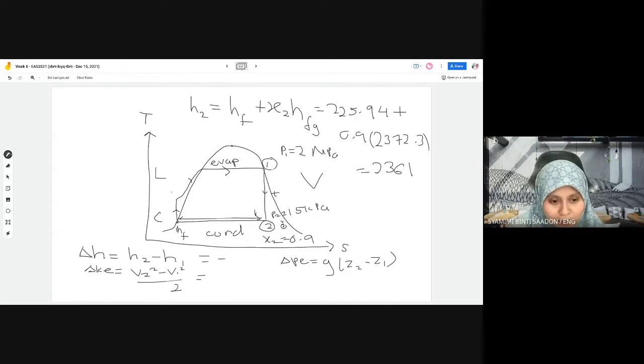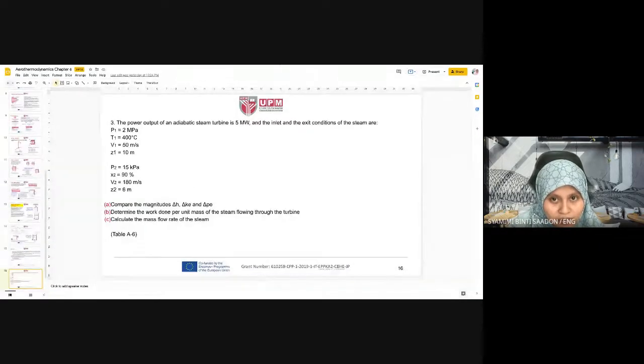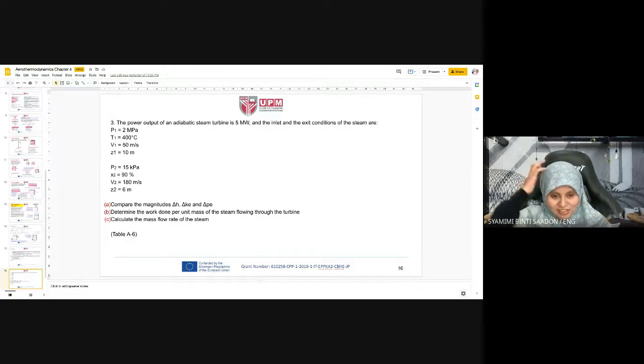B: determine the work done per unit mass of the steam flowing through the turbine. Usually for thermodynamics or even propulsion later on, the first question takes you a longer time, because we need to understand the process first and locate the inlet and outlet, and then B and C are just the application.